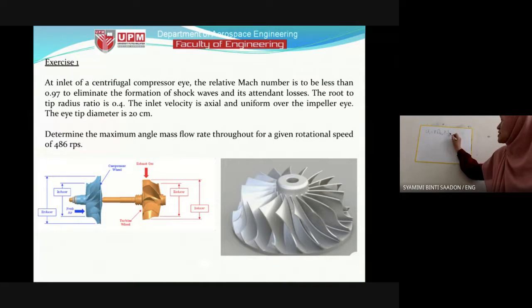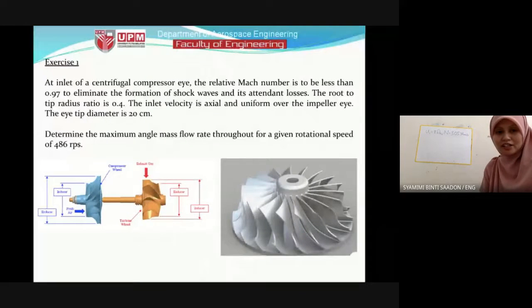The diameter is 20 centimeter, we take the I tip diameter, and n is 486. So we get around 305.36 meter per second. That is our rotational speed in terms of meters per second.